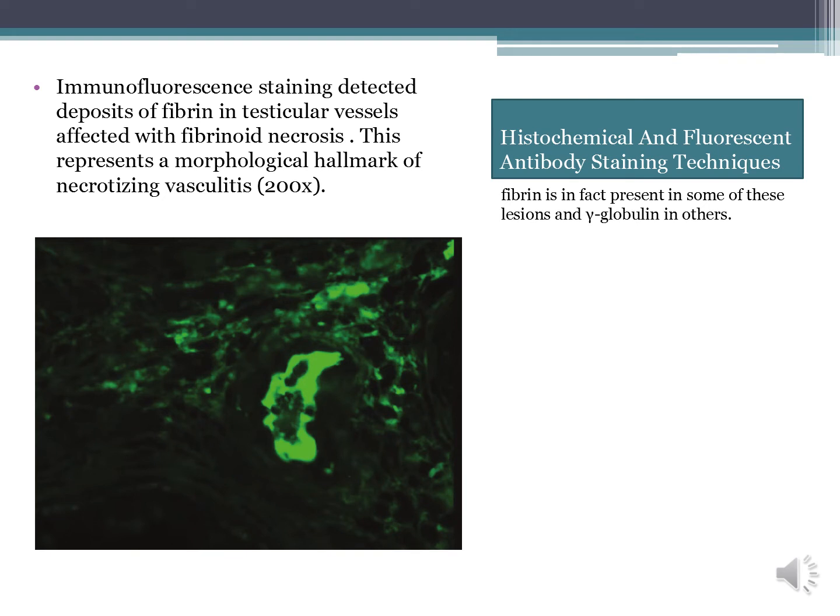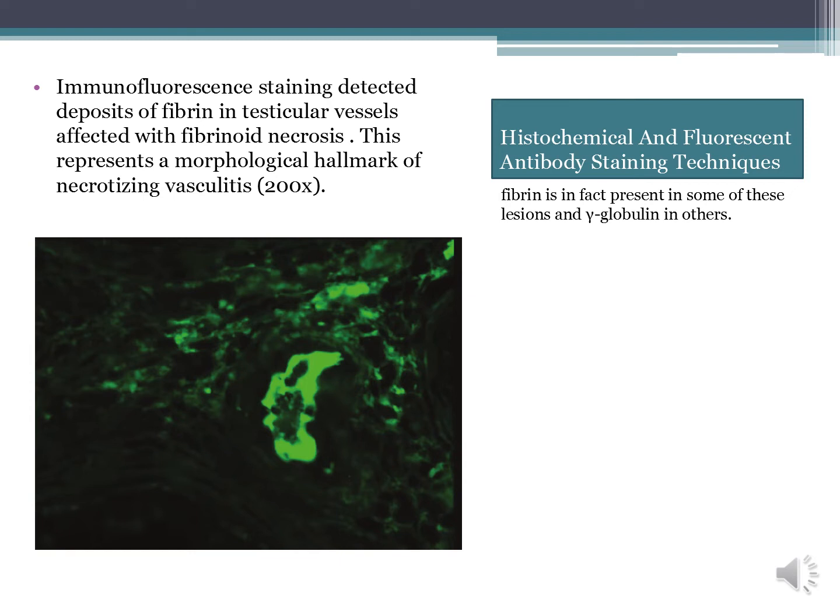So in this picture, we see such reaction, which helps to detect deposits of fibrin in testicular vessels affected with fibrinoid necrosis. This represents a morphological hallmark of necrotizing vasculitis. The magnification is 200.